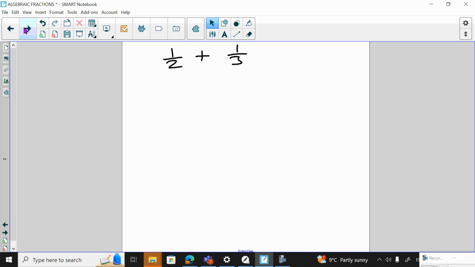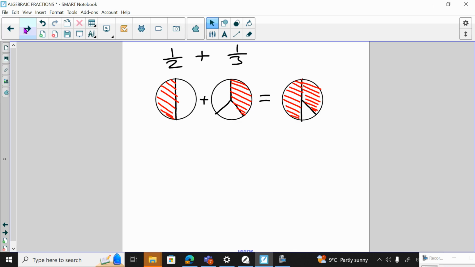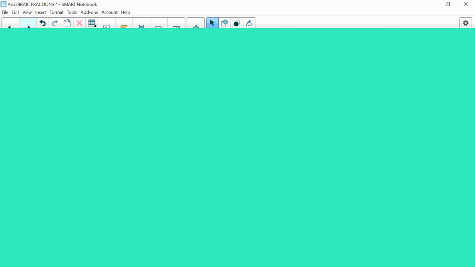A half and a third. Let's deal with this a different way. Let's think of circles. Half a circle and a third of a circle, or pizzas, whatever you might think of it. If I join them together, I can't quite make that out, so I'll try to grid these up.